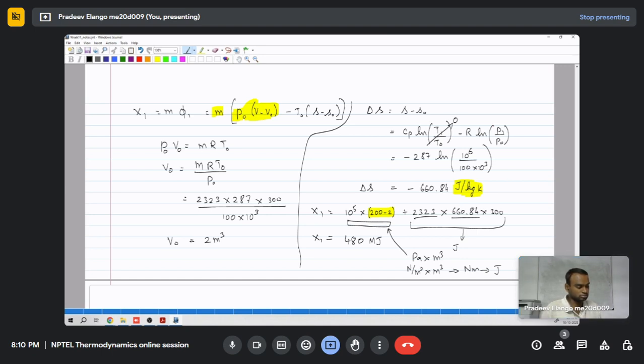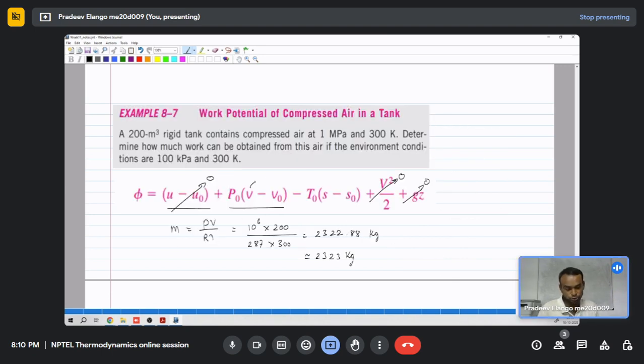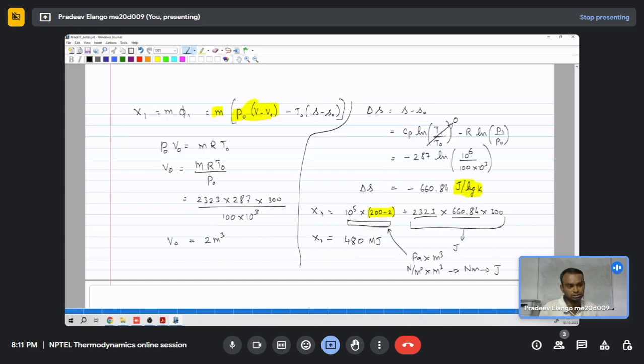But from the equation, we need to multiply both, because in the equation this is specific volume, meter cube per kilogram. All are specific values. But here we have already put the total volume.